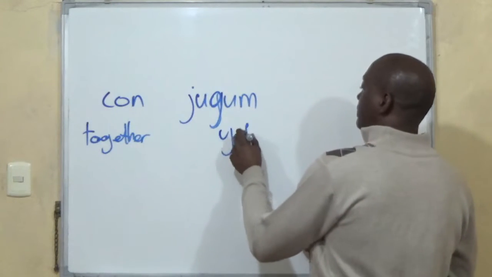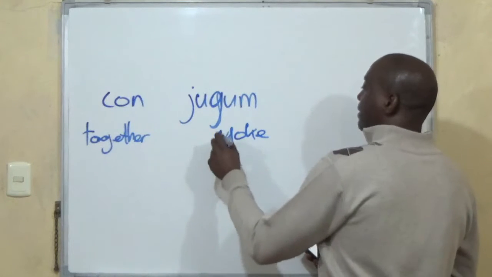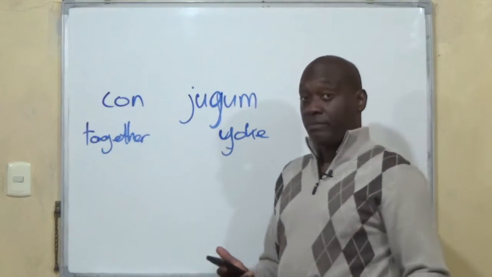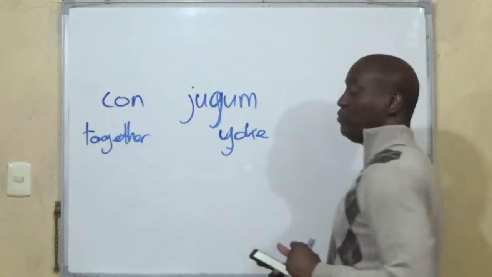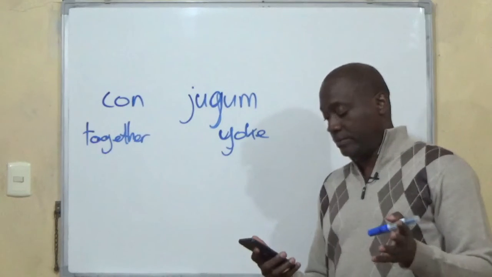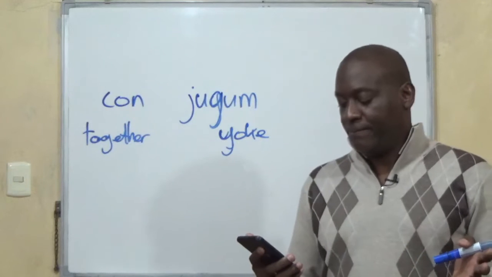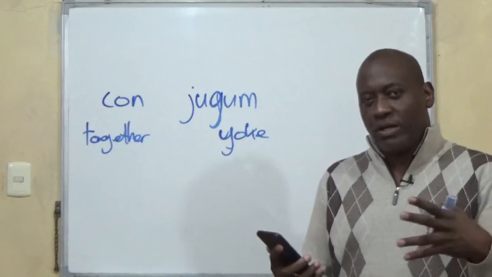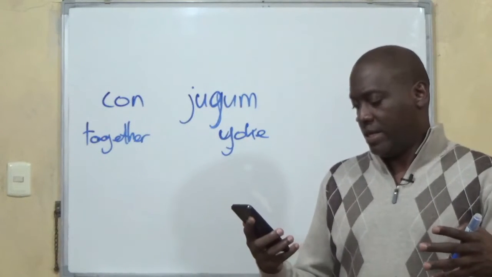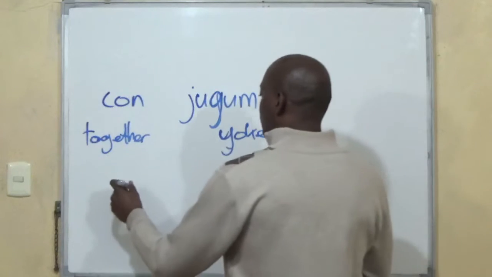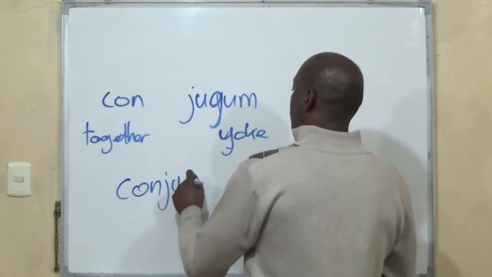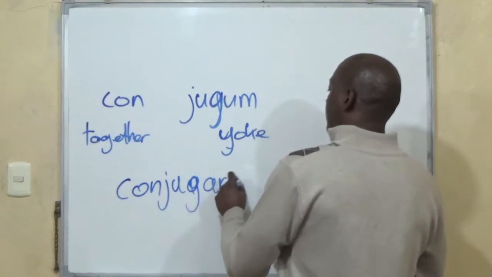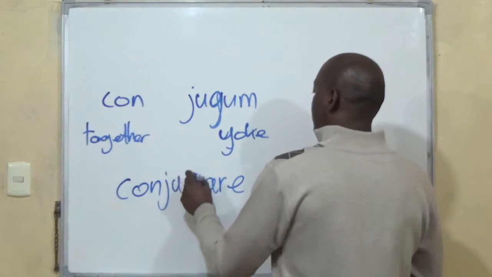So the whole idea of the word conjugate, which comes from two Latin roots, is to yoke together, as seen here, Latin conjugare.